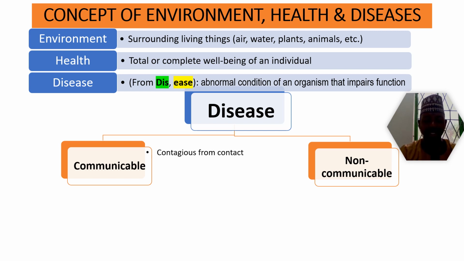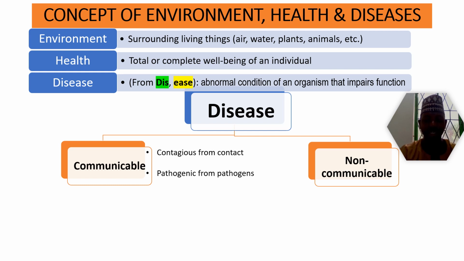And because of this, communicable diseases are otherwise called contagious diseases because they can be spread from one person to another through contact. In addition, these communicable diseases are caused by pathogens. Pathogens are a group of living things that have the capability to cause diseases on other living things.